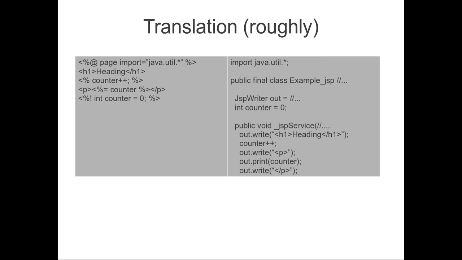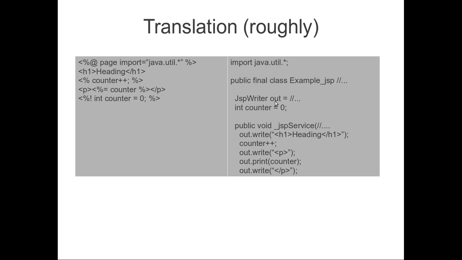We might have an import, and you see that gets copied over to the servlet that is being built by the container. The second line of the JSP is just a heading, an H1, and you see that gets copied over as an out.write.